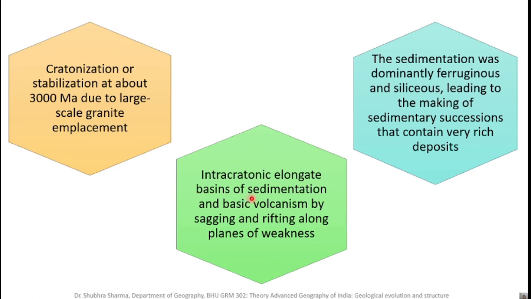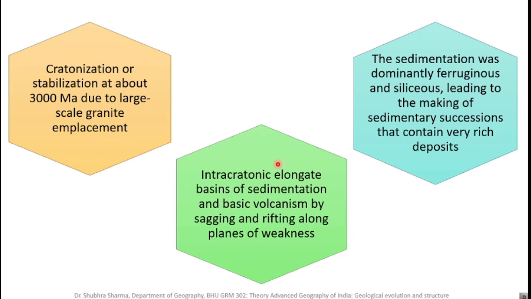And because basins were created, there would have been erosion also by streams that were flowing, or there might have been rainfall. So erosion was also happening, and due to that erosion, a lot of sediment was coming into these basins. And as these sediments got solidified, we have sequences of sedimentary rocks also within the large craton bodies.